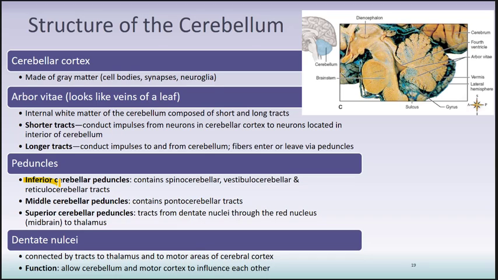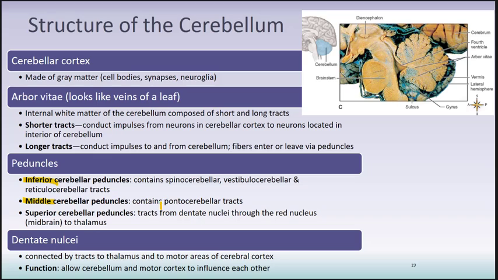The inferior cerebellar peduncle is composed chiefly of tracts that go into the cerebellum from the medulla and from the spinal cord. Notably, the spinocerebellar, the vestibulocerebellar, and the reticulocerebellar tracts. The middle cerebellar peduncle is composed almost entirely of tracts into the cerebellum from the pons.